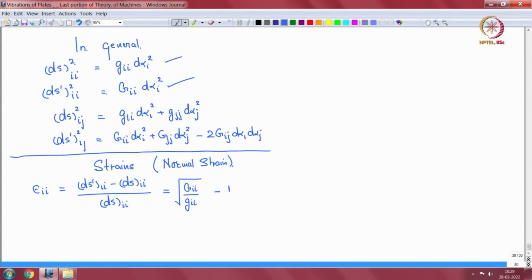Okay. So this we write as square root of 1 plus g I minus g I by g I minus 1, and we will assume this to be a very small quantity in comparison to 1.